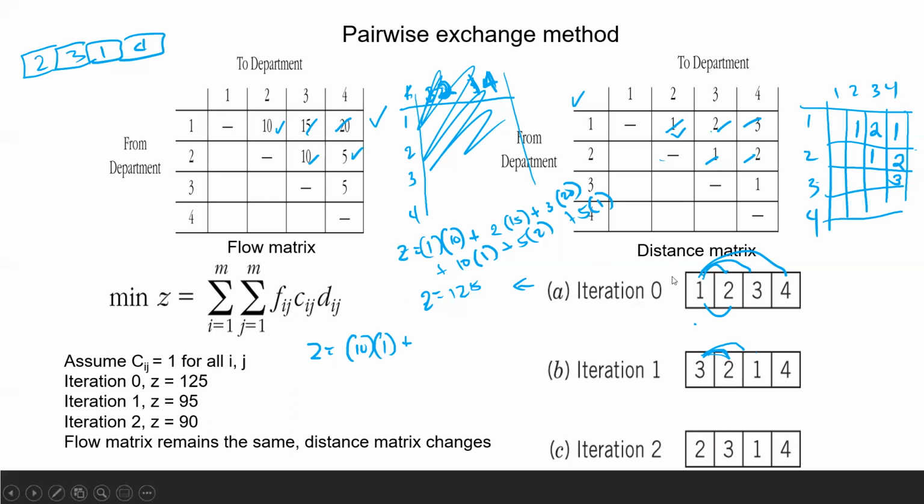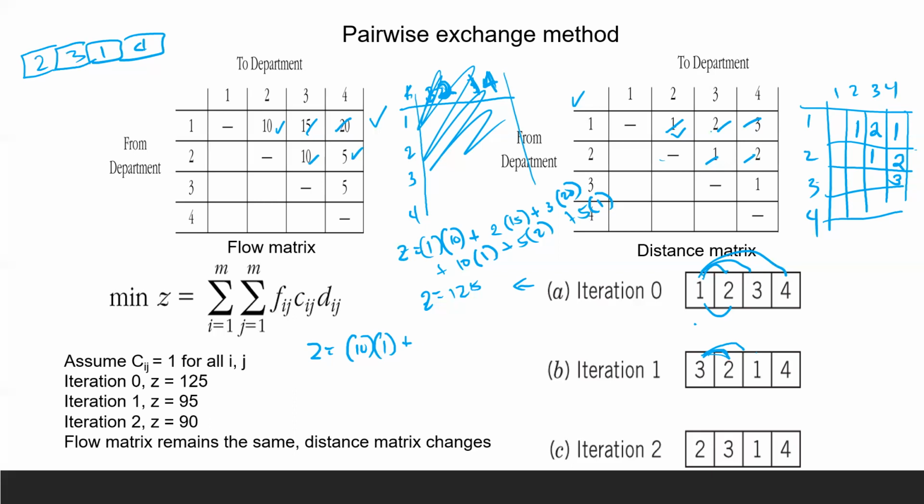Ito guys, yung 3 to 1 sa ngayon given. Pero definitely, yung ating first iteration, you can just pick this one and then make some other exchanges, trial and error until you'll come up with the best possible layout. So imagine, if we have, let's say, 9 departments and the grid is like 3 by 3.